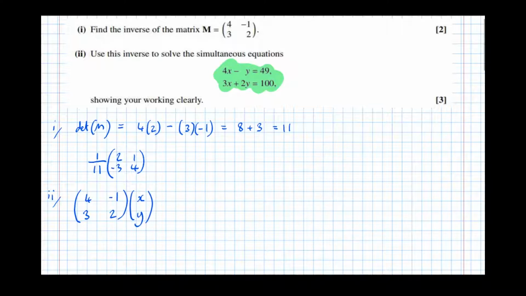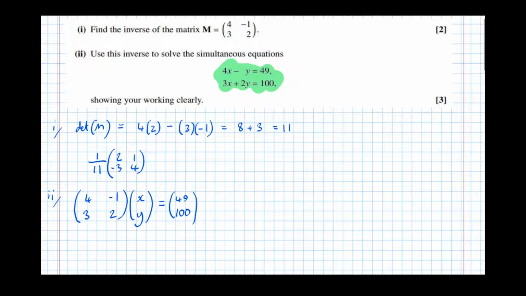So if we multiply this matrix out, we get 4x take 1y, and here we get 3x plus 2y, exactly the left-hand side of these simultaneous equations here. So that must be equal to 49, 100. So again, just checking, and you don't need to do this in an exam.